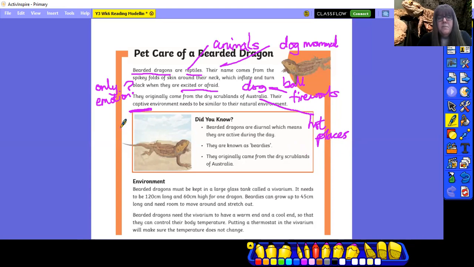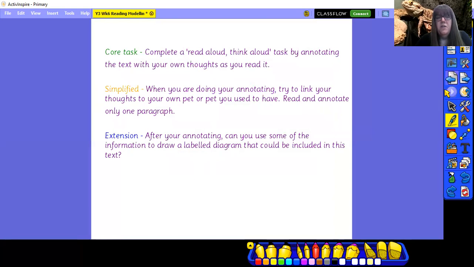Okay. So I've started to look at read aloud, think aloud with that first part of the text. I'm going to ask you today to continue to look at the rest. The core task then is to complete a read aloud, think aloud task by annotating the text with your thoughts as you read it, just like I did.